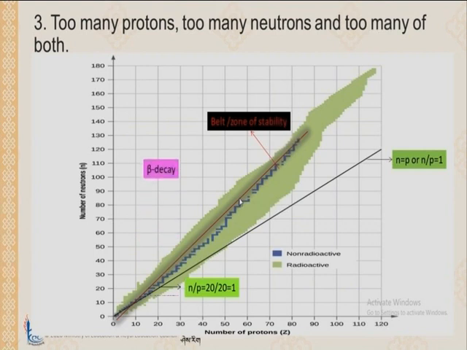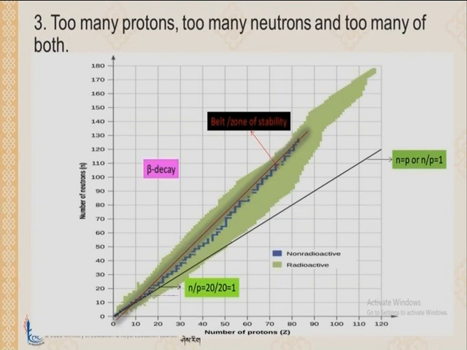Now I told you the region above the blue strip, below the blue strip, and at the top will undergo disintegration. So now the first one, the element present above this blue strip. What will be the aim now? They should be disintegrating to reach this stability zone.